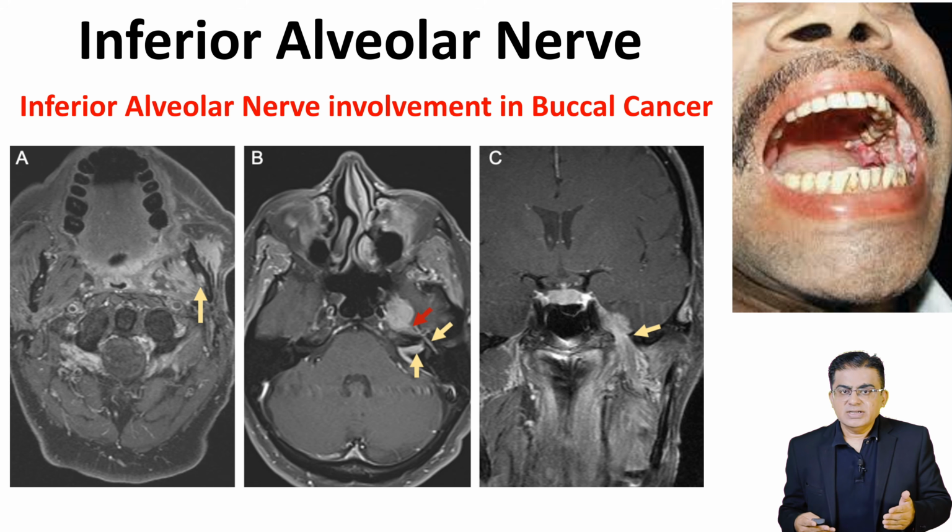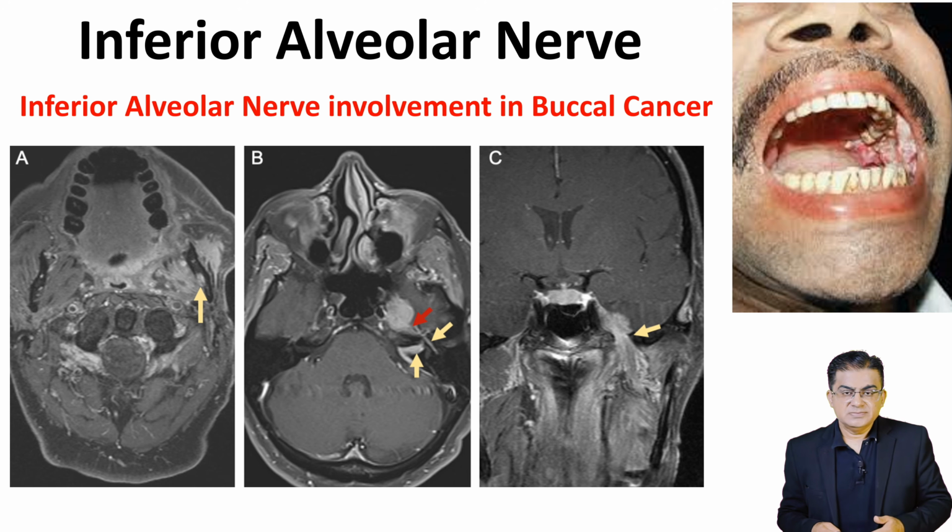The yellow arrows in this axial cut are showing you abnormal enhancement of the facial nerve. And look at the red arrow. That is the greater superficial petrosal nerve lighting up. The cancer has spread through an entire network of interconnected cranial nerves deep inside the skull.